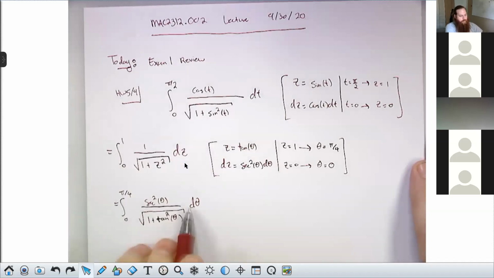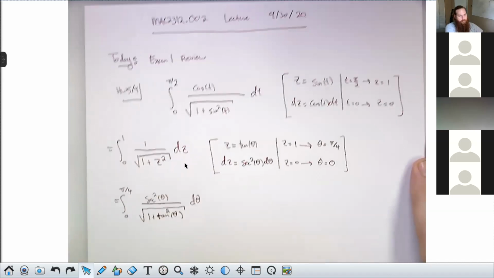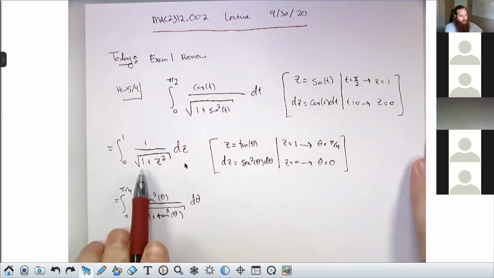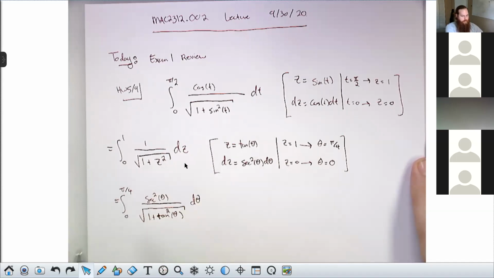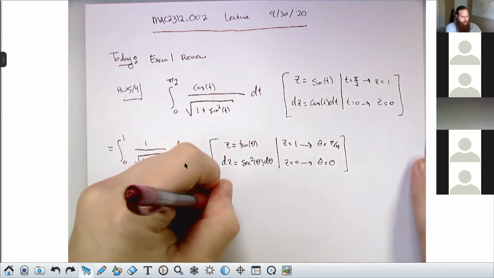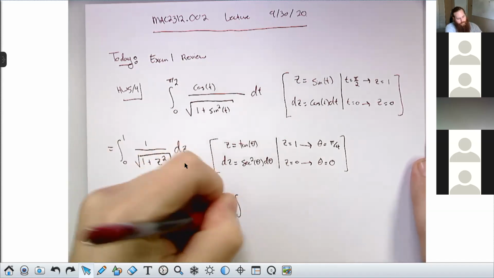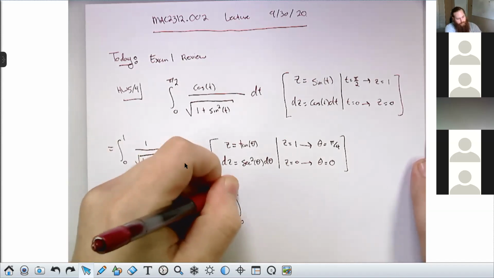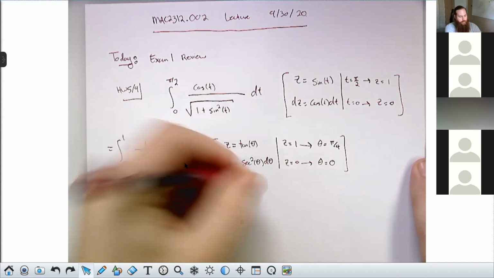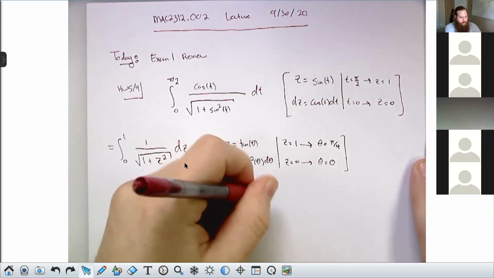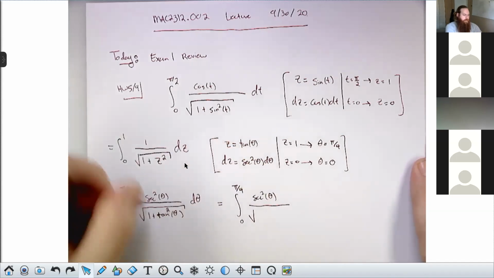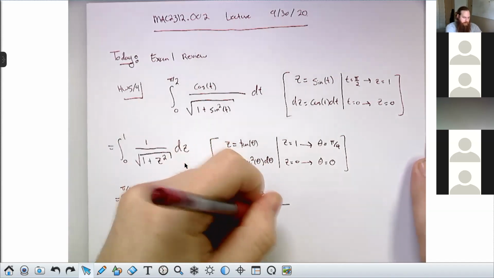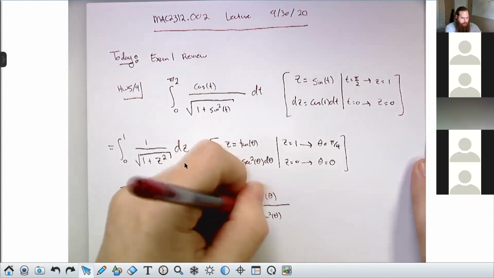So the secant squared theta d theta comes from dz. And downstairs, 1 plus z squared is 1 plus tan squared, because z is tangent. This is the same as the integral from 0 to pi over 4 of secant squared theta over the square root of 1 plus tan squared, which is also secant squared theta.